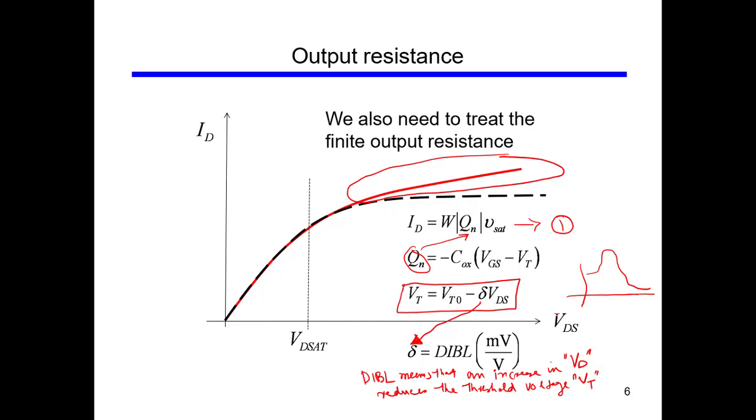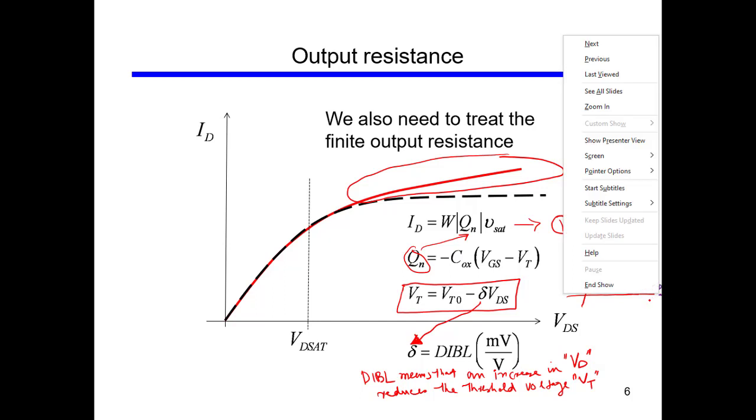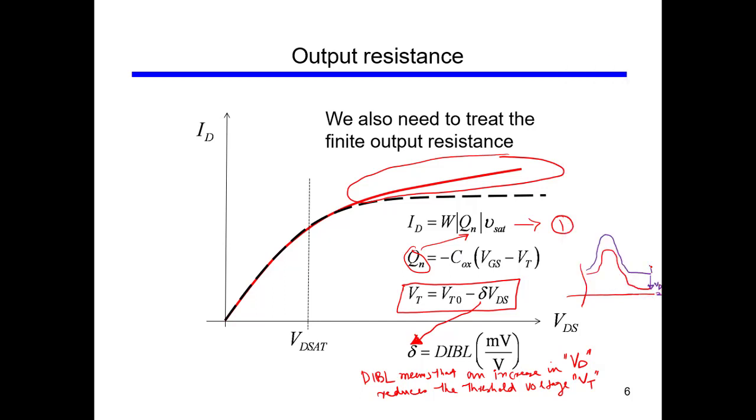Maybe the original one was like this, but with a higher VD, this is VD2, and this is VD1. So VD2 is greater than VD1, and it brought down the Fermi level on the drain side, and it also brought down the potential hill.